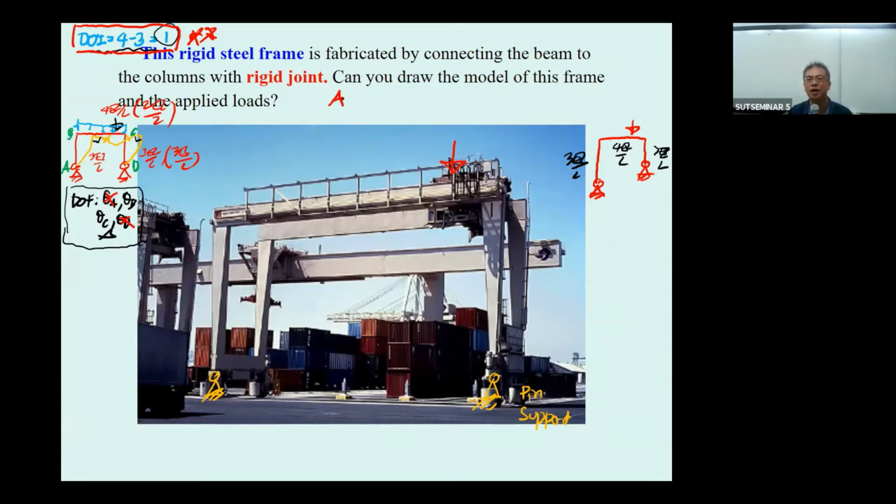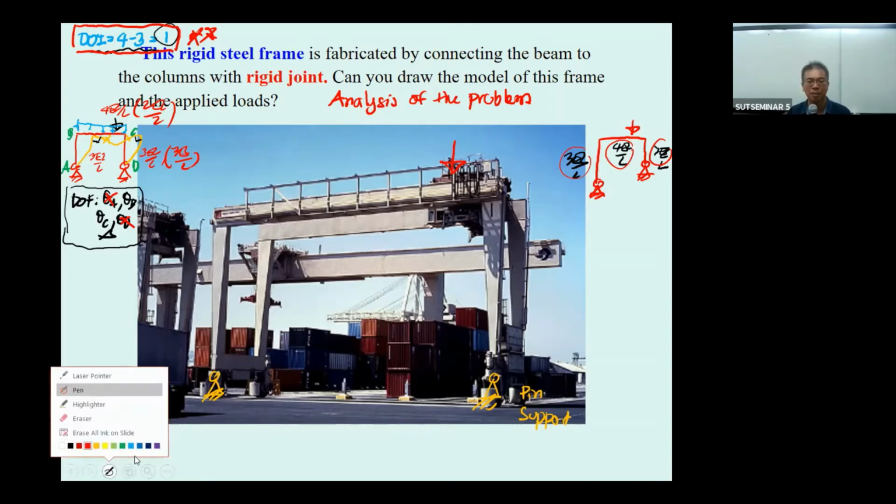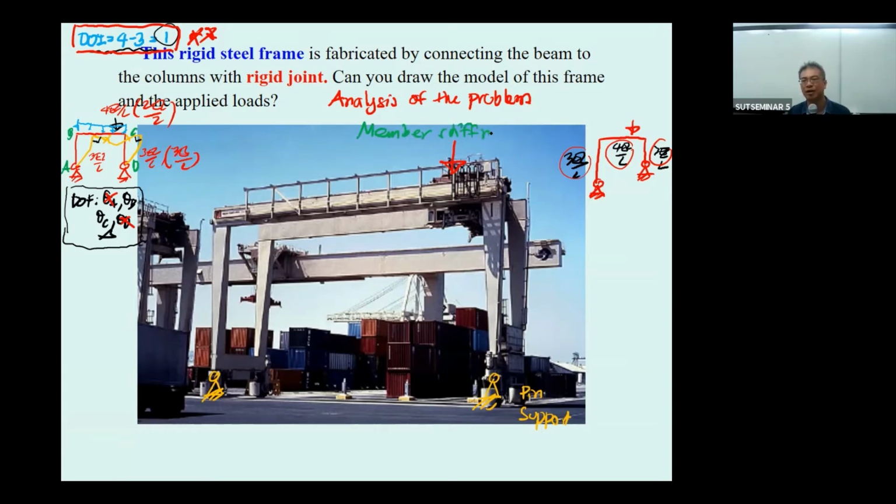Practice of what? We call this the first part, the analysis of the problem, in order for you to analyze it and select a proper K, which is the proper member stiffness factor.